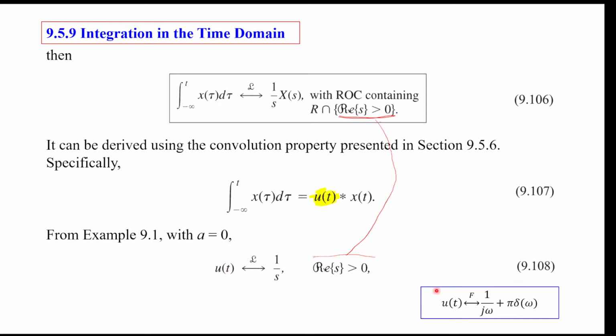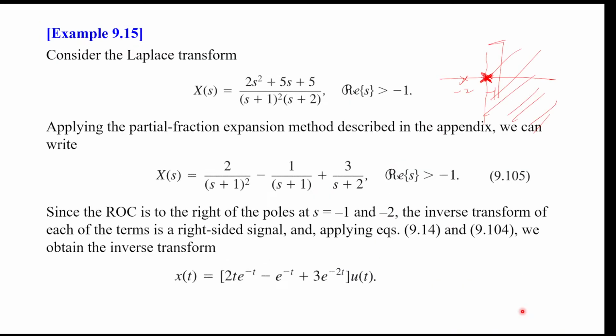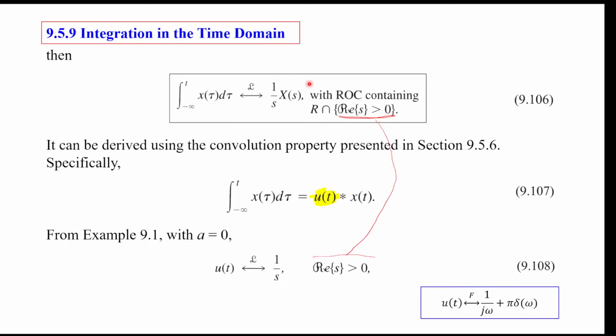If you still remember them, then you remember that the Fourier transform properties are something very weird. We remember that in Fourier transform the integration property is not just the inverse of the differentiation property. It has this weird delta function term. So the unit step function Fourier transforms to a 1 over omega term plus a weird delta function term, and then the integration property also has a delta function term.